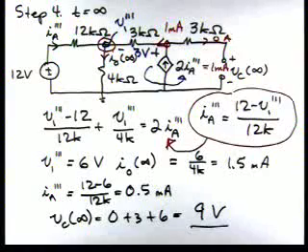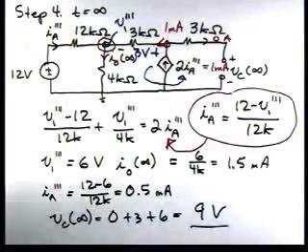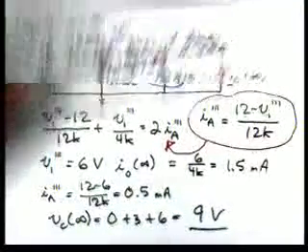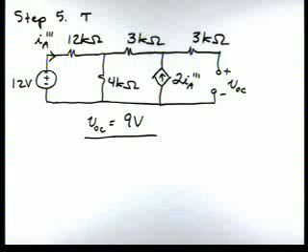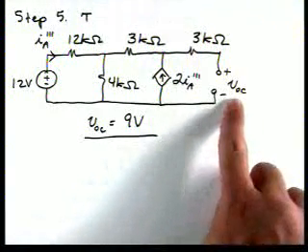Now we need to calculate the time constant. Since we have a dependent source, remember we're going to have to calculate the open circuit voltage and the short circuit current. So if we look at step 5 of calculating the time constant, we need R Thevenin, the Thevenin resistance as seen by the capacitor.